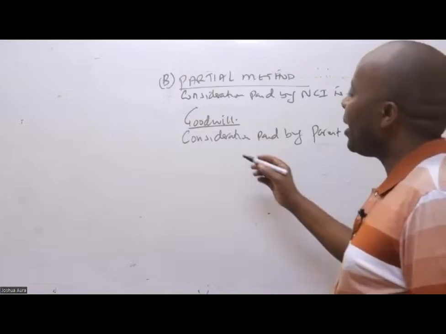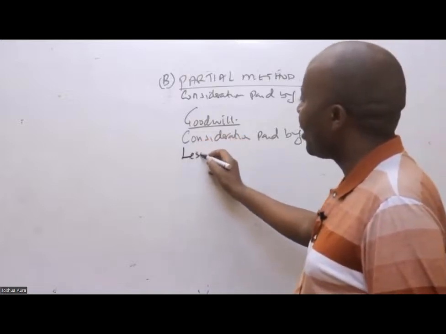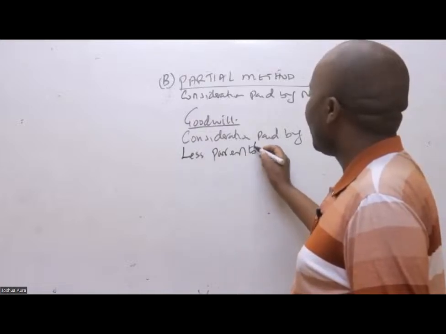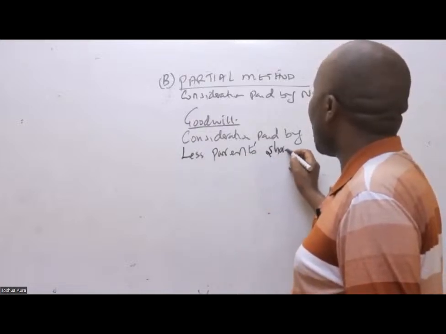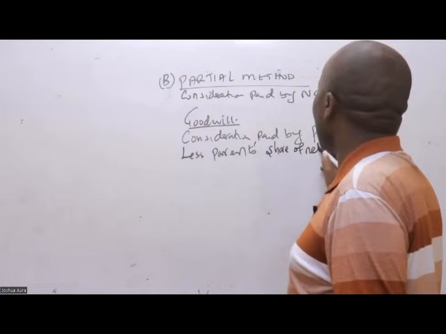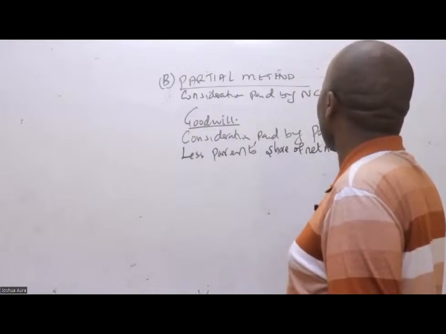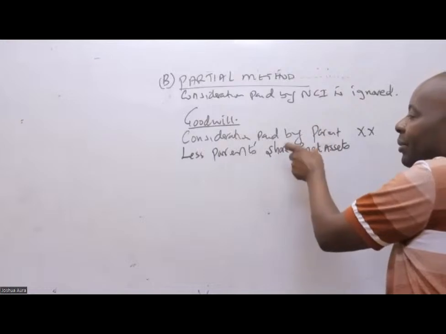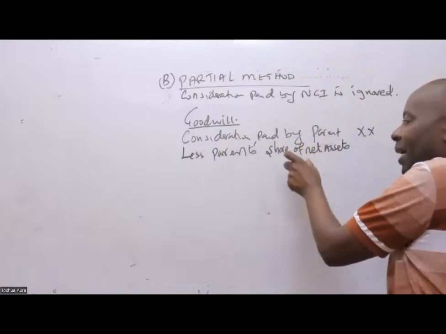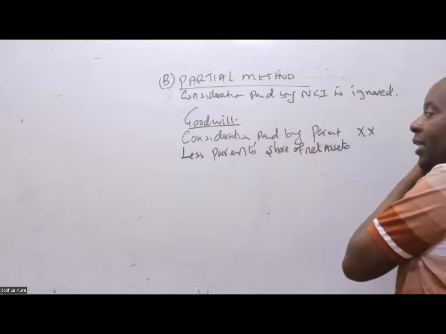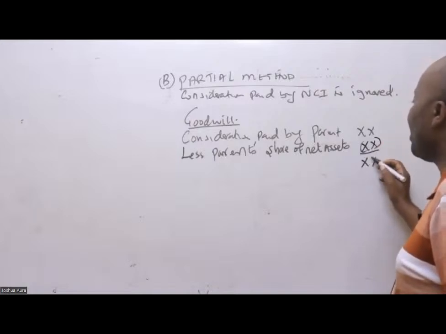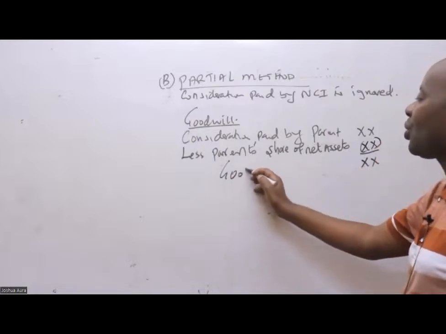So they will come under less the parents' share of net assets. Because you see, it's only the consideration of the parent that we have taken into consideration. So it can't be the total net assets, but the parents' share of net assets, and then we'll be able to get what we call the partial goodwill. This will be the goodwill at acquisition.